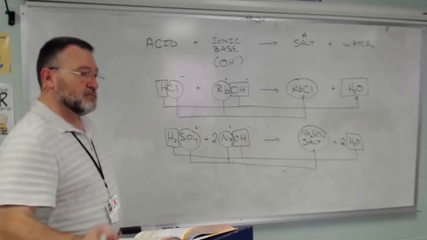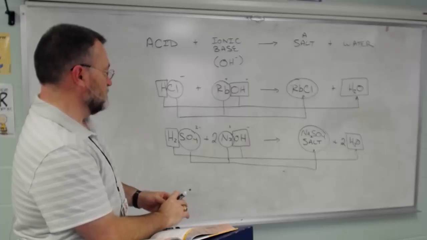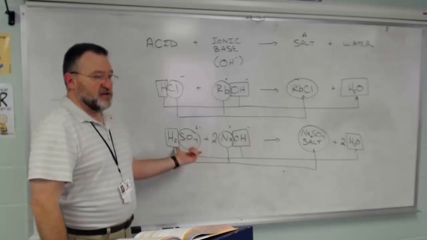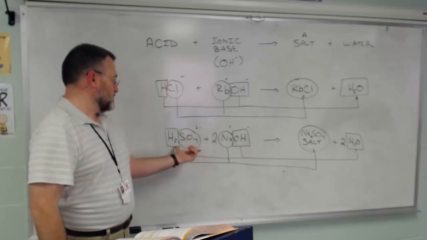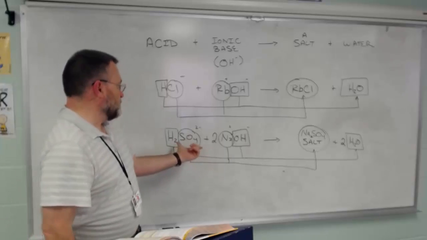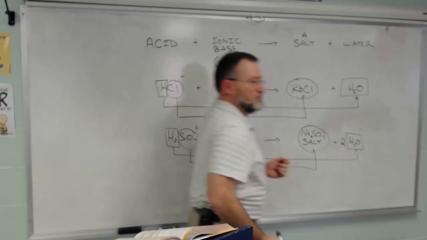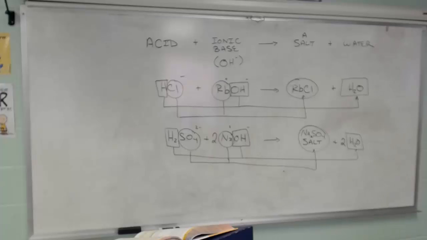Yes, ma'am. I'm confused where the subscript 2 after the Na came from. Okay. Sulfate is a polyatomic ion that has a -2 charge. Sodium is a column 1A element, so its ionic form is a +1 charge, right? So if you've got a -2 and a +1, and we need to have a neutral charge, we need to bring them together.